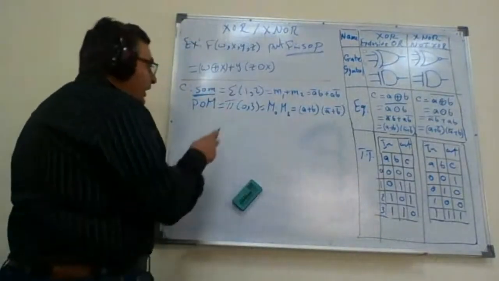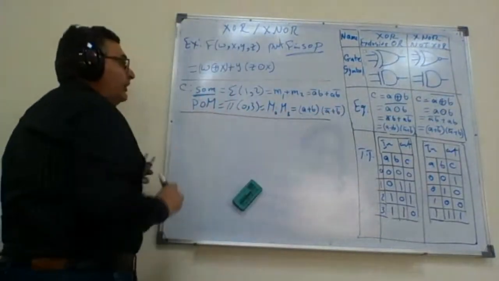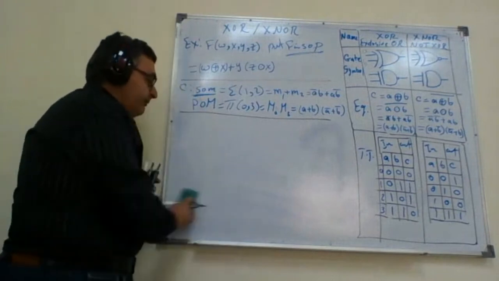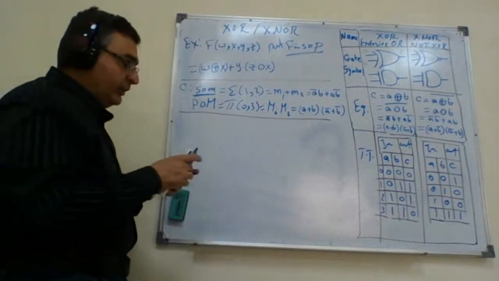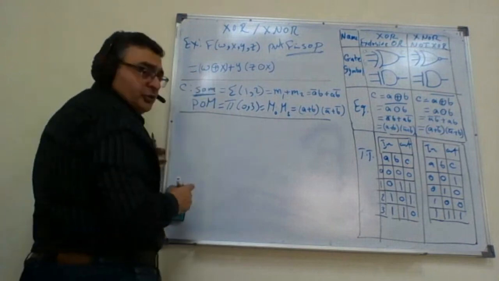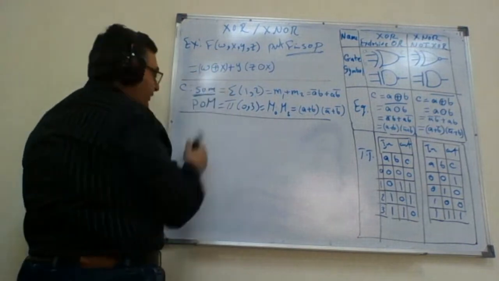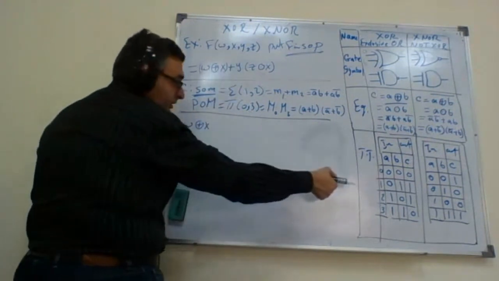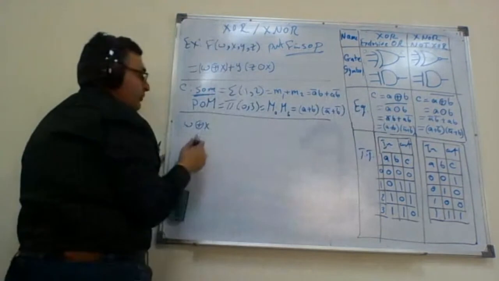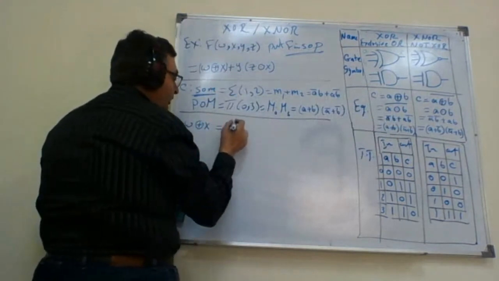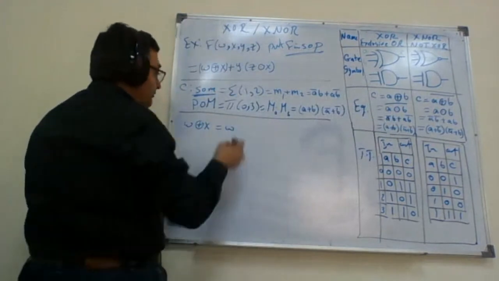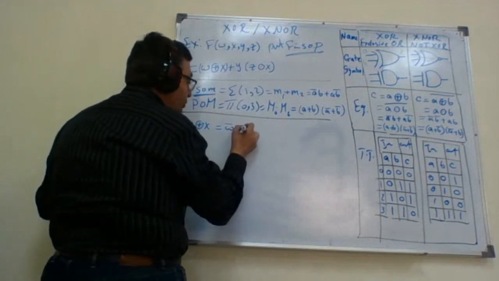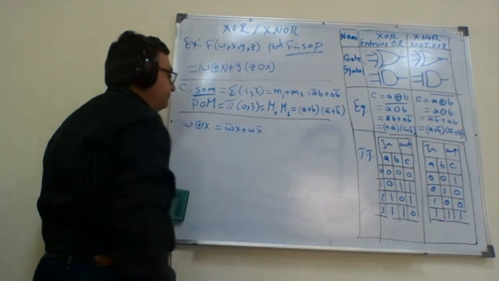Now, how can I apply this knowledge to solving this problem? Right now I know that the first complex term here is W XORed with X. W XORed with X, from this format of the equation, equals, if I use the sum of min terms or sum of products, W bar X or W X bar.